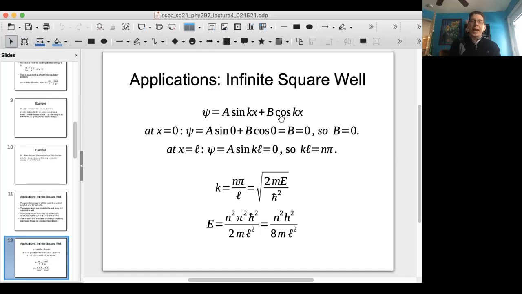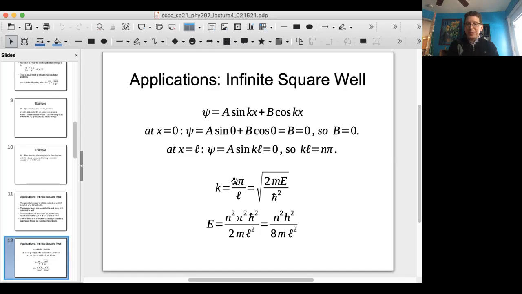And what about at x equal to L? Well, it turns out that that's solvable provided that the product k times L is equal to an integer times pi. That would make it possible to solve for the wave function. So what that's telling you is that you have quantized states in this infinite square well.